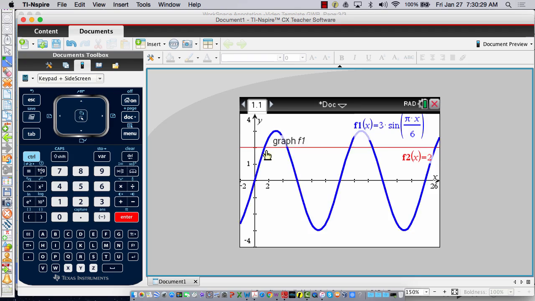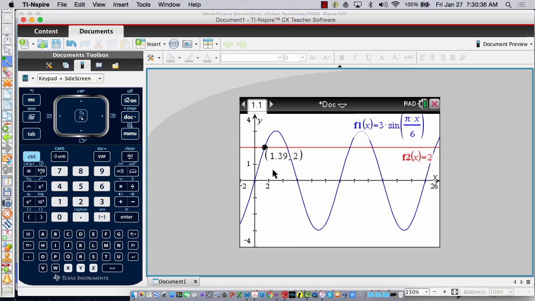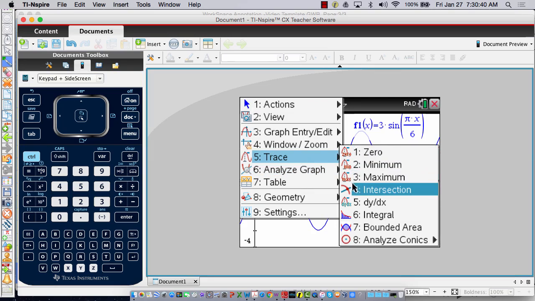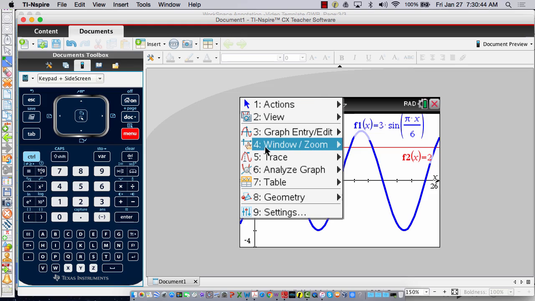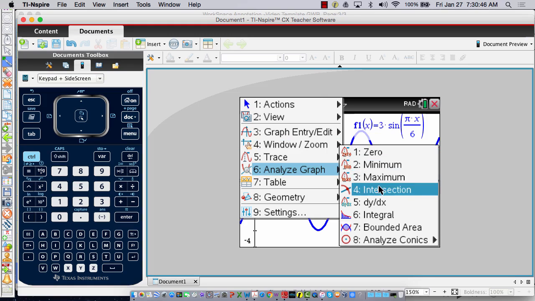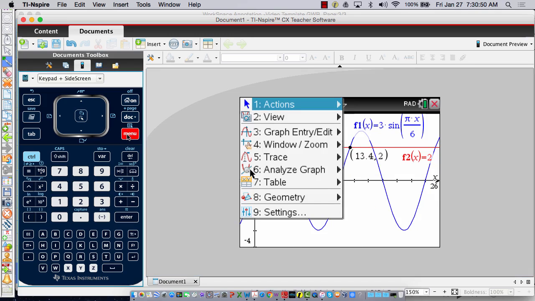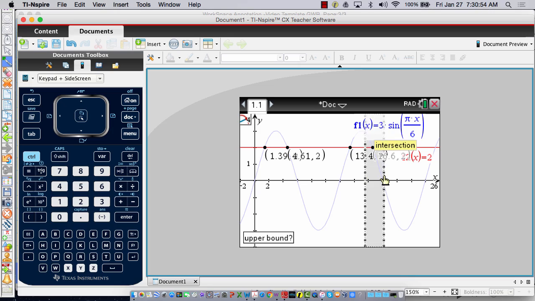And then it's these points that I'm looking for. So let's do menu, analyze graph, intersection, boom, boom. Keep doing it. Menu, analyze graph, intersection, this guy to there. And menu, analyze graph, intersection, this guy right here.